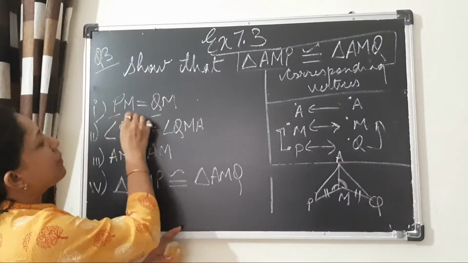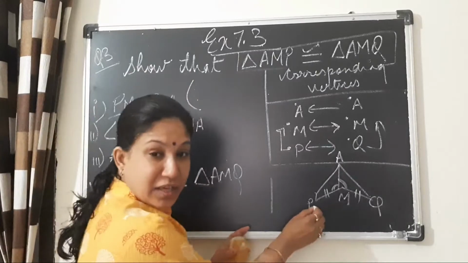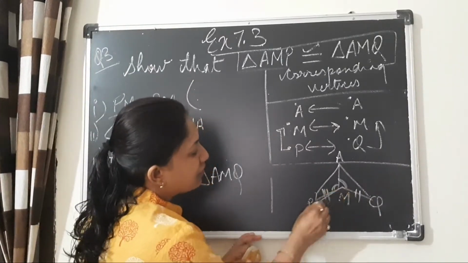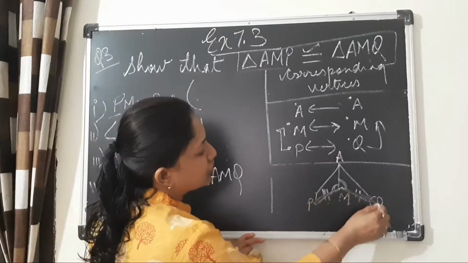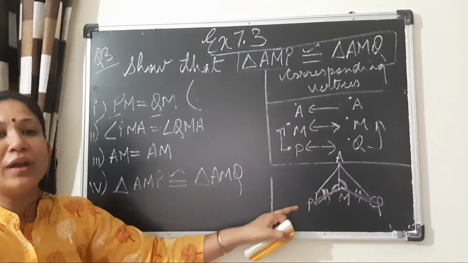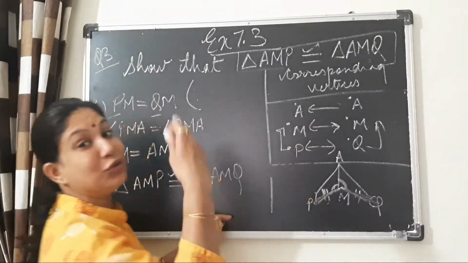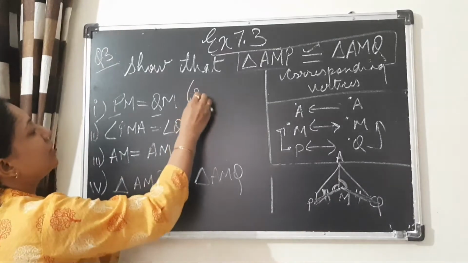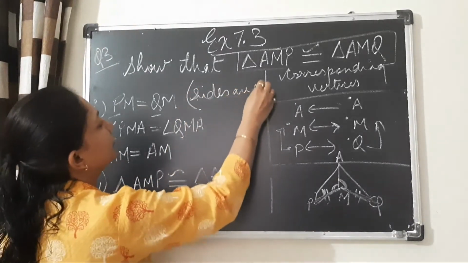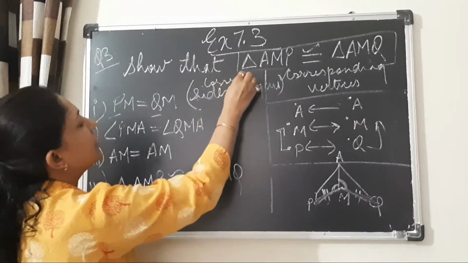So PM is equal to QM, which is mentioned correctly and given in the figure with this symbol. What reason will you write? The corresponding sides of one triangle are equal to those of the other, so corresponding sides are equal.